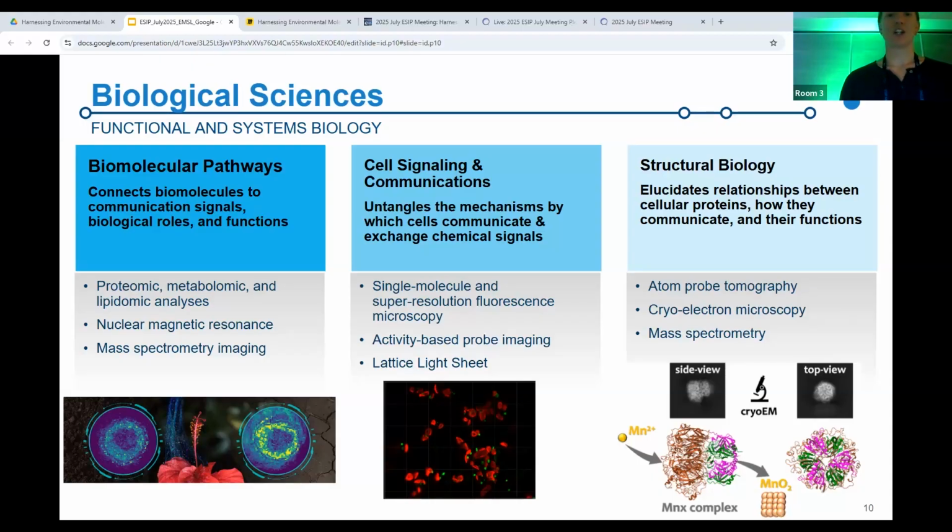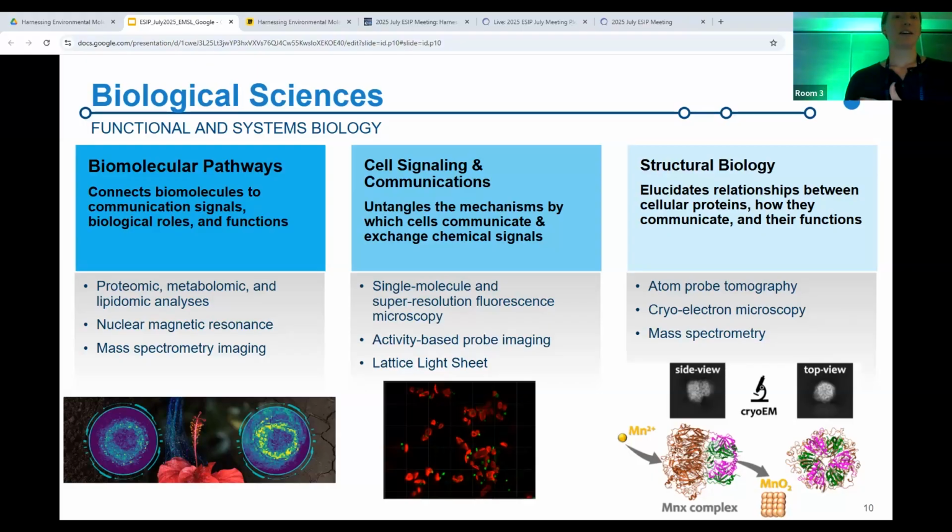Getting that really high resolution look. And then on the right side here, we have an example of something that's really complex and took me a long time to understand when I got to EMSL. We're actually looking at a cryo-electron microscopy technique that can image proteins and how structurally they're formed, and that can give you an idea of the function.